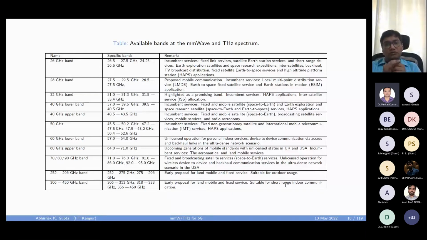But here the UAVs are low altitude platforms which are below the troposphere. So what is the effect on millimeter wave propagation when these waves pass through the troposphere? This is the main concern with the low altitude platform. What kind of losses will occur with this?